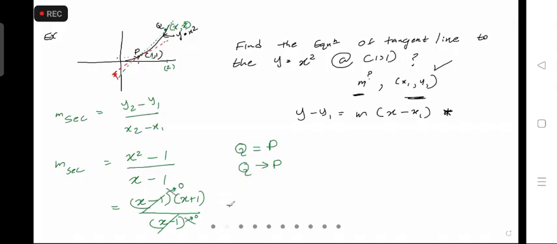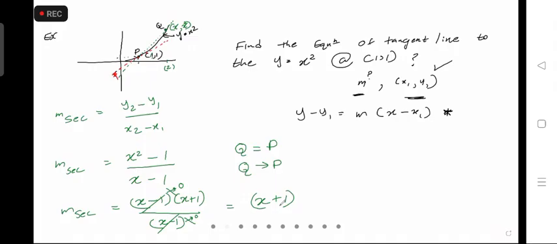Under that assumption, we can cancel or simplify these two and write down the answer as x plus 1. So this is the gradient of the secant.